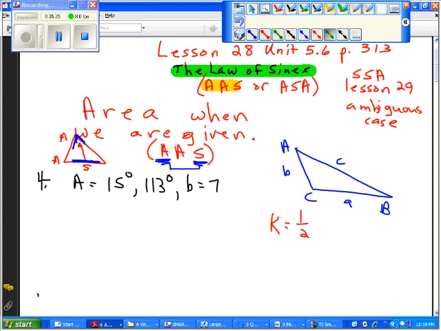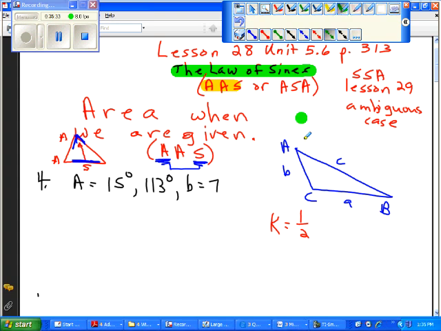And the way this is going to work, if I'm given angle, angle, side, so that I'm given this angle and this side, and then this other angle, then my key is to recognize that little a and capital A go together, okay?